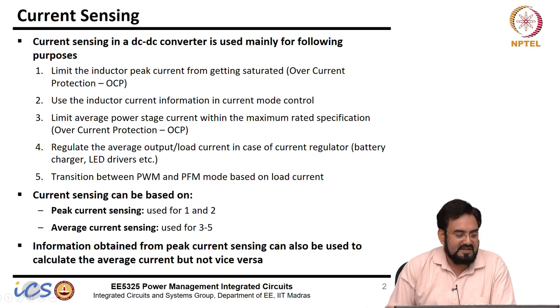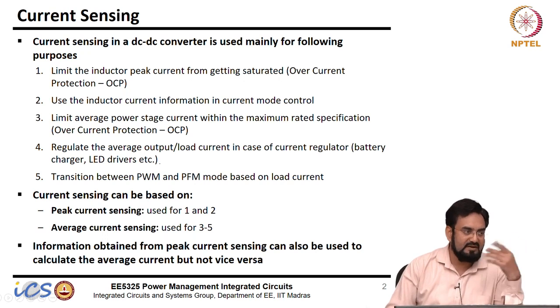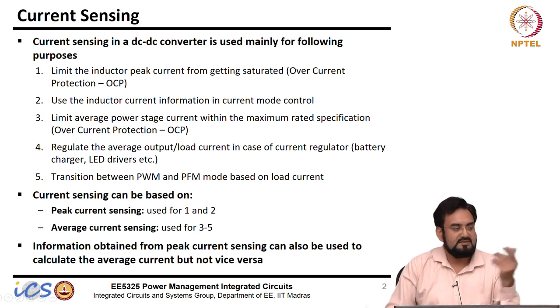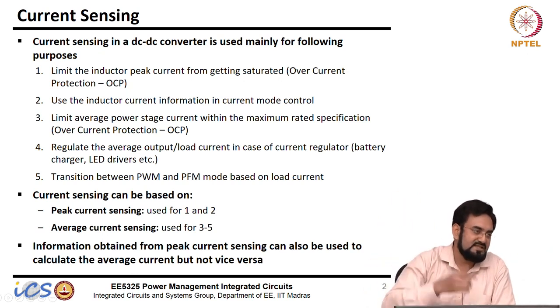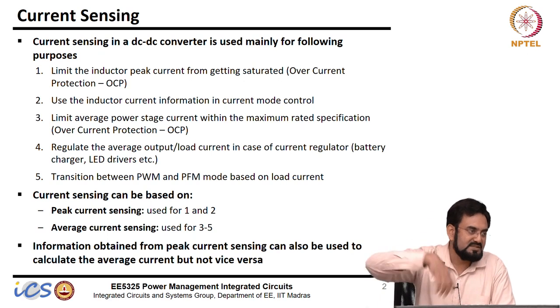Another place where we require current sensing is if I want to build a current regulator. We already talked about how a current regulator is required for battery chargers and LED drivers, because a battery is supposed to be charged with a constant current, and LEDs are also supposed to be driven with a constant current, because of the exponential relationship.